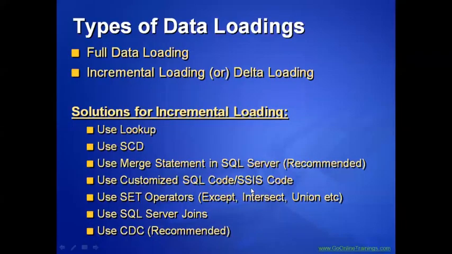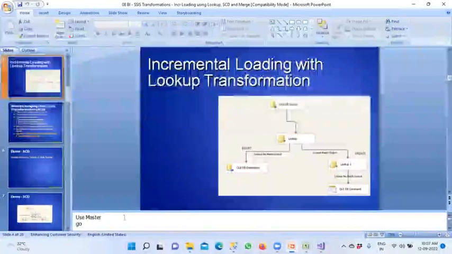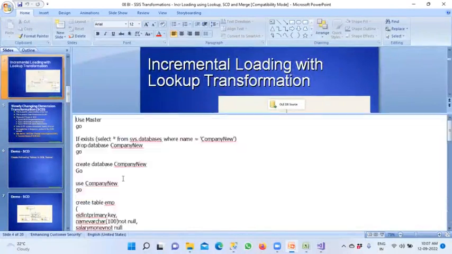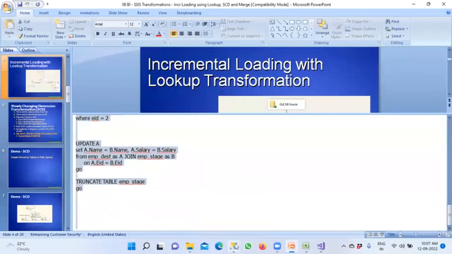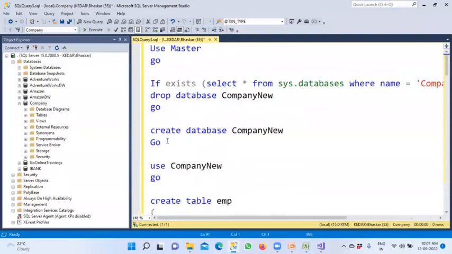Let us do one beautiful demo with this lookup transformation. Clear? So the lookup and OLEDB destination is inserting. It is going to be updating. Am I clear? I'm going to be creating a database now. What database am I going to be creating?